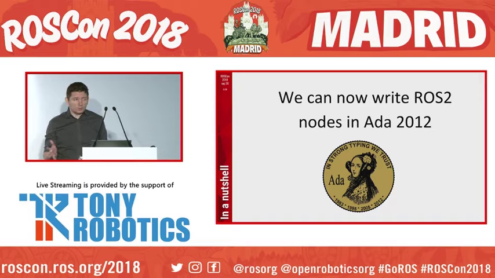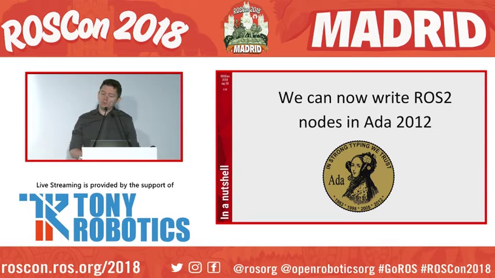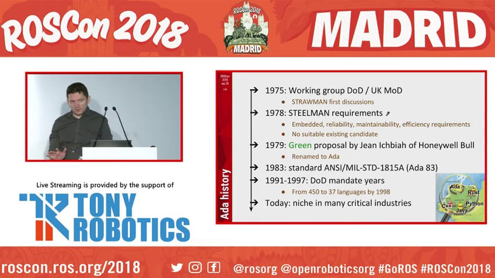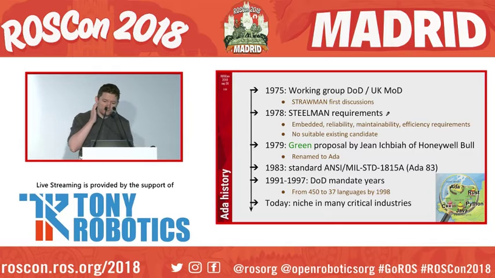Basically, this talk is to say that we can now write nodes in pure Ada. And to understand what Ada is today and how it's come to be what it is, I will talk just a bit about the history of Ada, which I find very interesting.